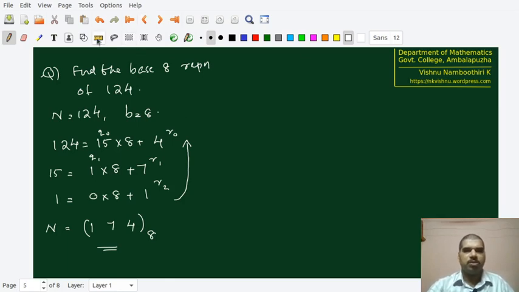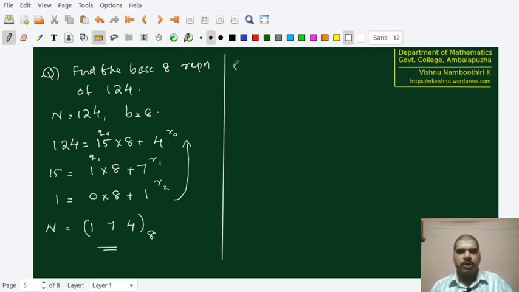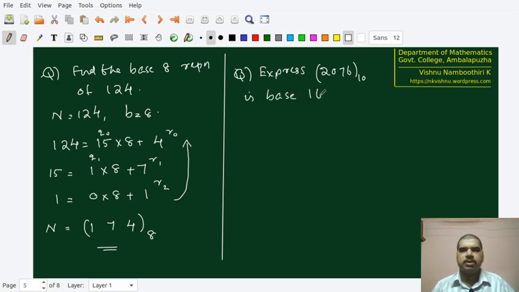We will see one more example. The question is following. Find 2076, which is in base 10, in base 16.